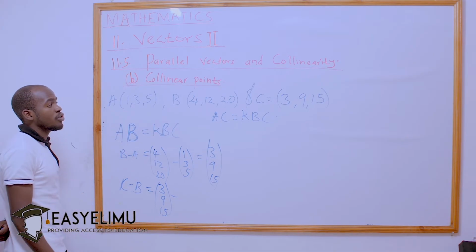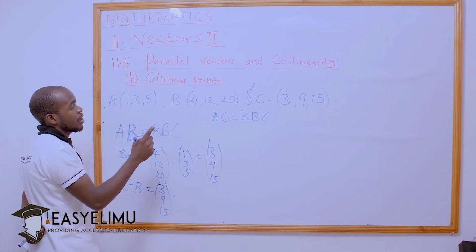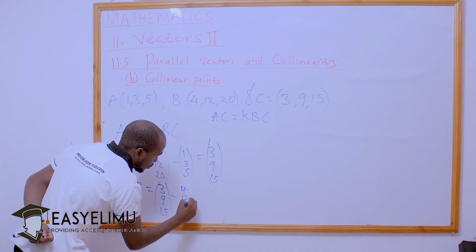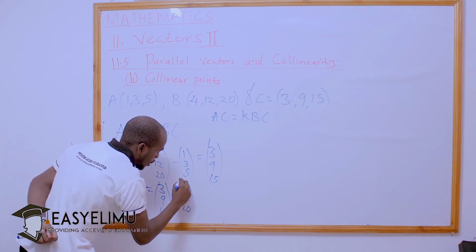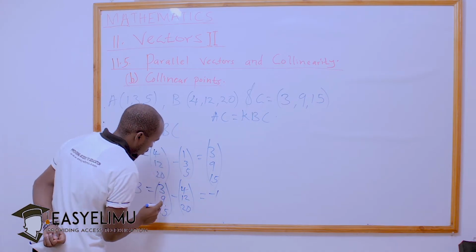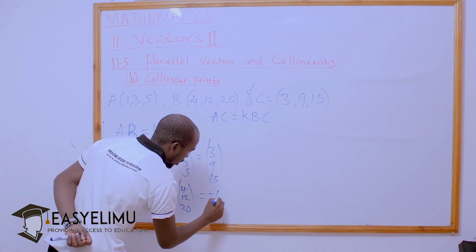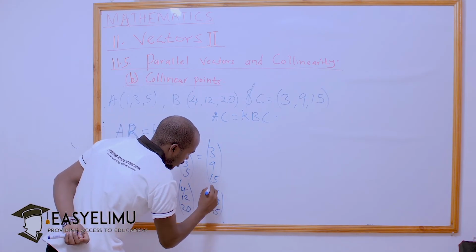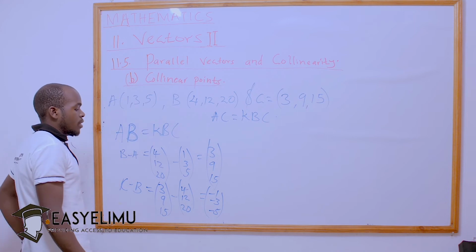We also write that of B, which is 4, 12, 20. If you subtract, you are going to get negative 1, negative 3, and negative 5.